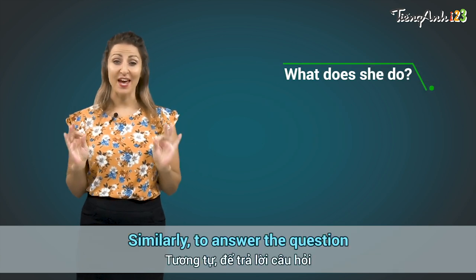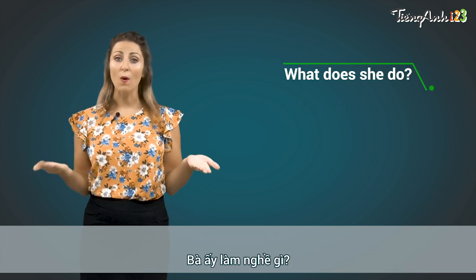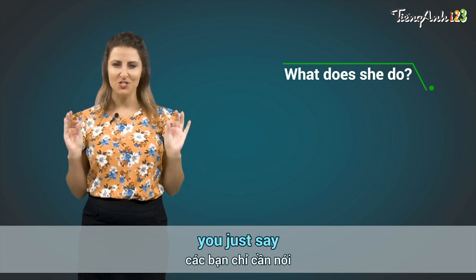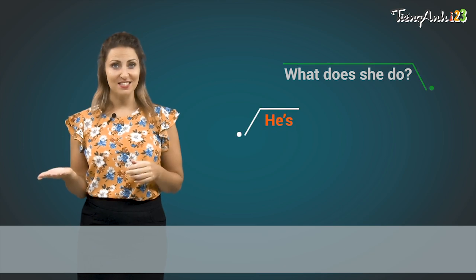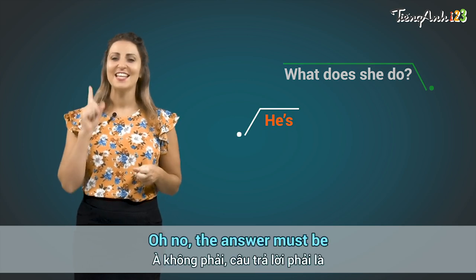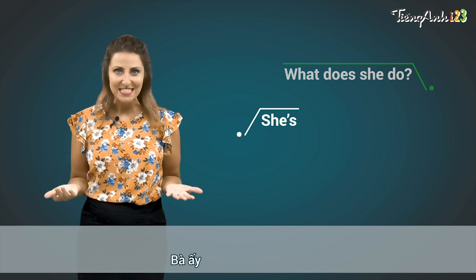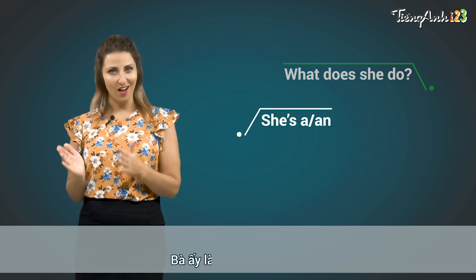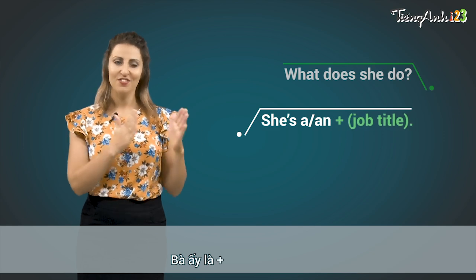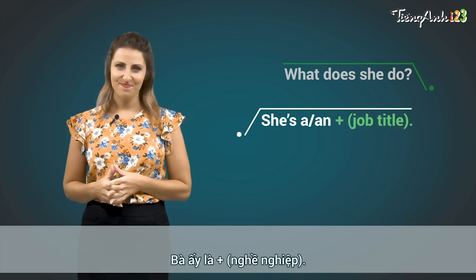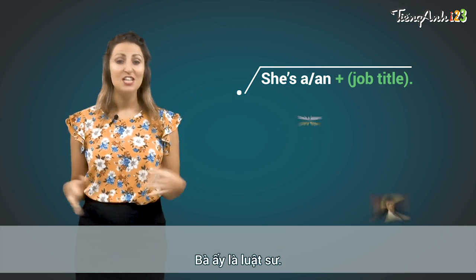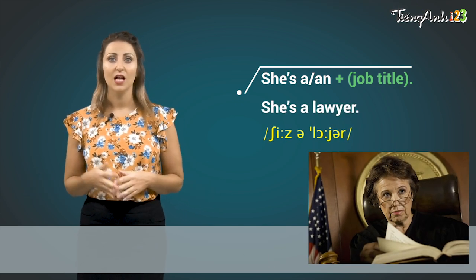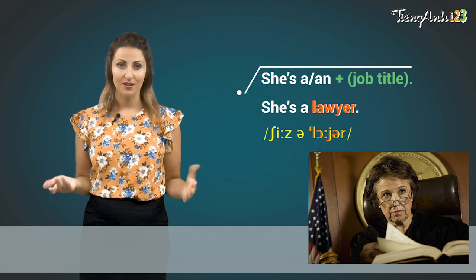Similarly, to answer the question, what does she do? You just say, he's. Oh no, the answer must be she's, a or an plus the job title. For example, she's a lawyer. Lawyer.